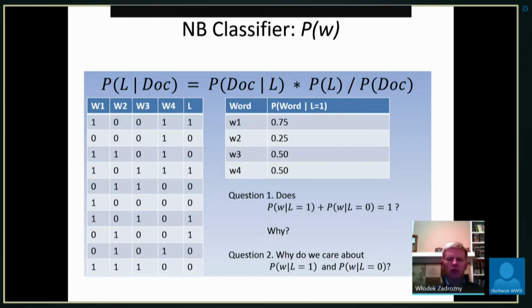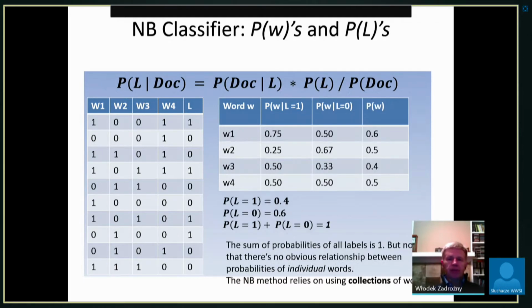So we would like to be able somehow to pass this information about the probability of the words given the label to the probability of the document given the label. So the question is whether one can be used to estimate the other. And the answer to this question will be yes, all right?